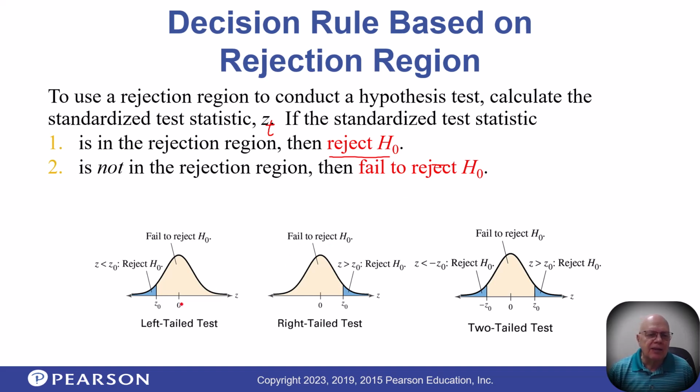Remember, these z sub zeros are what I call z sub c because these are critical values of z. And we're going to compare our test statistic against those. This is our test statistic here, here, here, and here for the various tests.